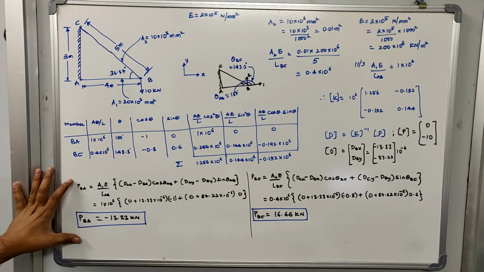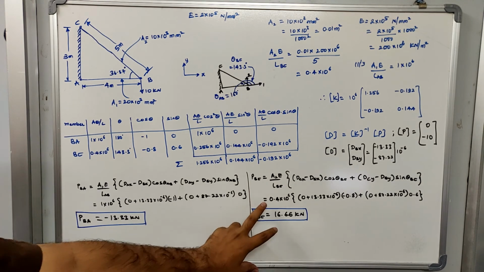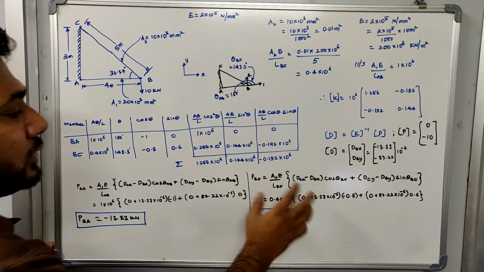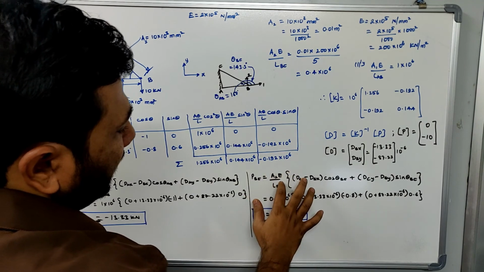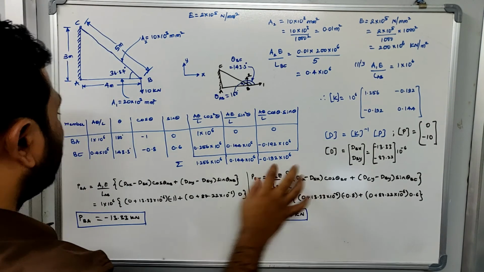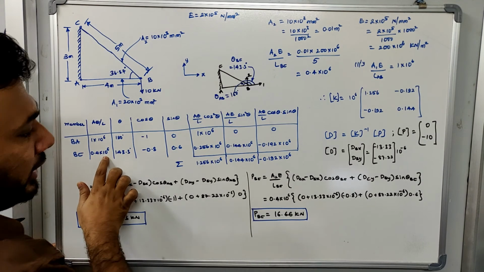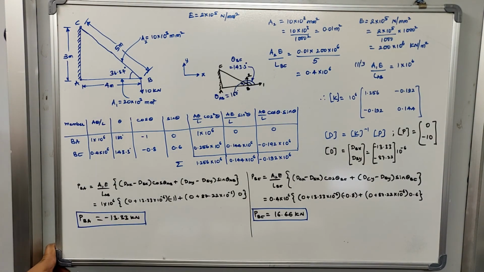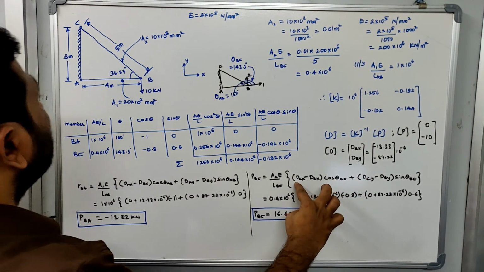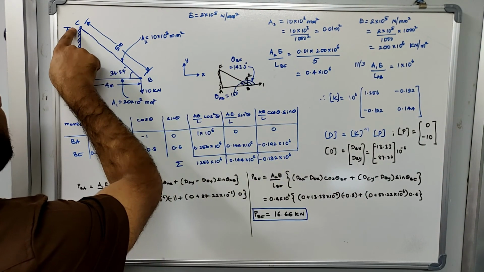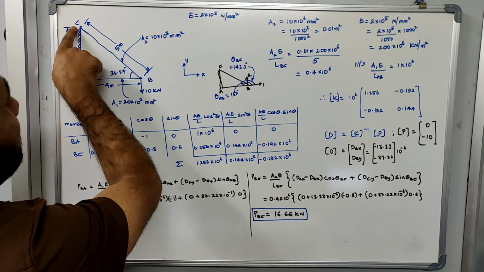So after solving what is the force in PBA, let us solve how much is the force in PBC. So while solving this, let us look into this equation. So PBC is equal to A2 into E divided by LBC. So what is A2 into E divided by LBC, which is 0.4 into 10 raised to 6, which we have solved in the table. Okay, now let us look at dCx and dCy. What is dCx? I told you earlier, dCx and dCy will be equal to 0 because it is fixed.